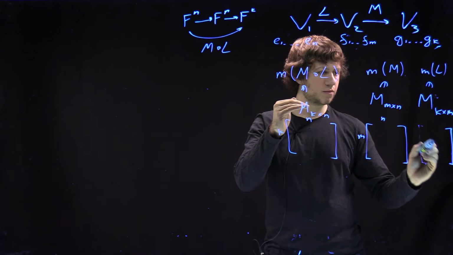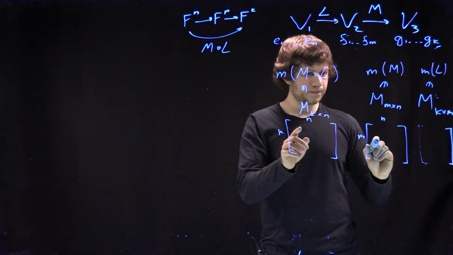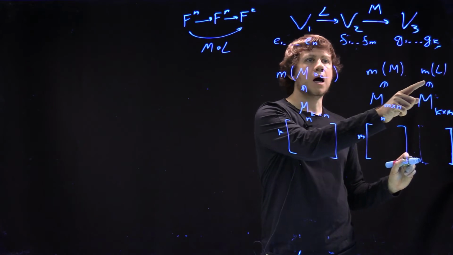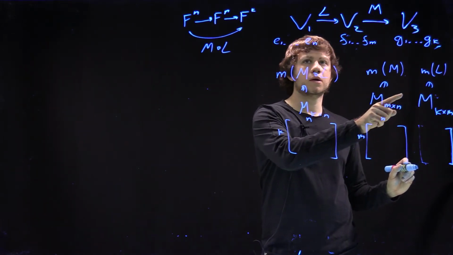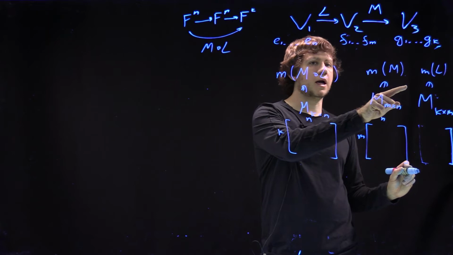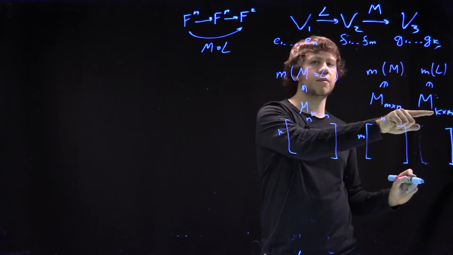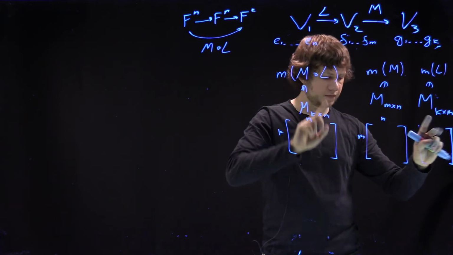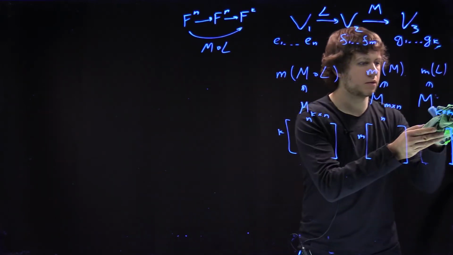Something is going terribly wrong here. So L. Sorry. So L has, so L is a matrix going from... sorry, two numbers are wrong. Yep.